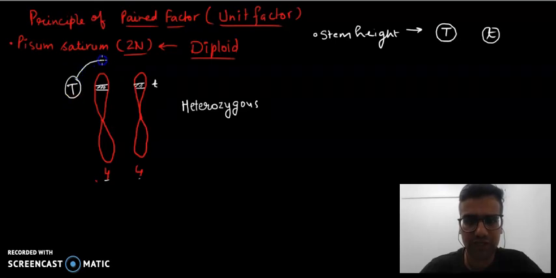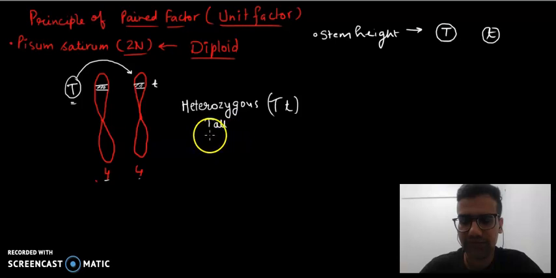So the expression which will be present in the plant would be tall, and this plant will be known as heterozygous tall, because one gene is present in form of capital T and other gene is present in the form of small t. The characteristic of the plant will be, of course, dominant.